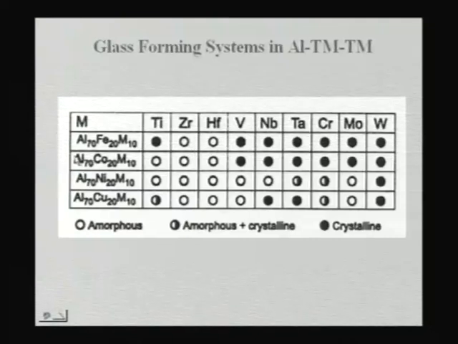If you look at any of these aluminum transition metal systems such as aluminum iron, aluminum cobalt, aluminum nickel, or aluminum copper, if you add some zirconium or titanium or hafnium, these are the three which can easily give you a glass, because these are elements with much bigger atoms when compared to aluminum, and that gives you very easy glass formation.